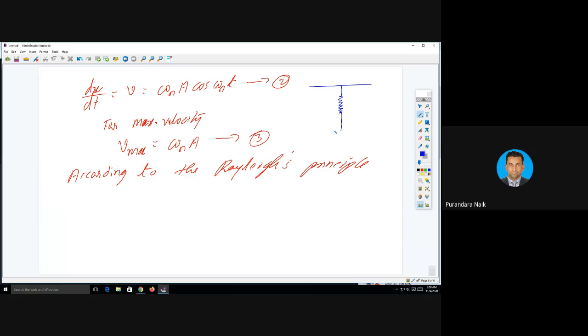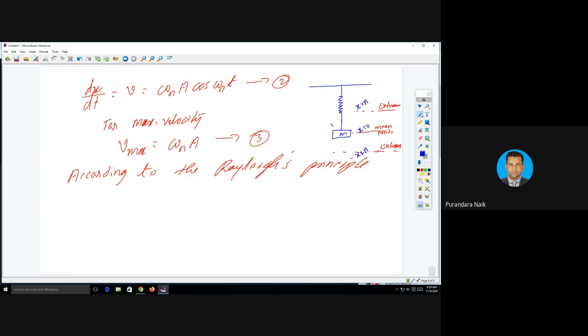This is the mean position, this is the maximum or extreme position, and one more extreme position is there. Here x is equal to a. Here x is equal to 0.